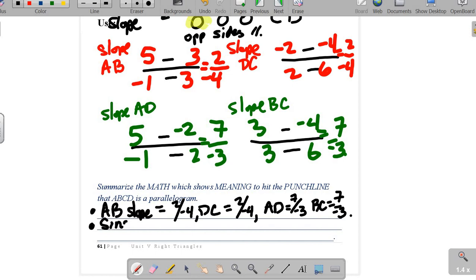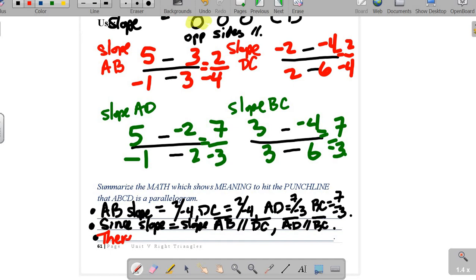Meaning: since slope equals slope, AB is parallel to DC, AD is parallel to BC. The meaning of the math is parallel, therefore the punchline is this.